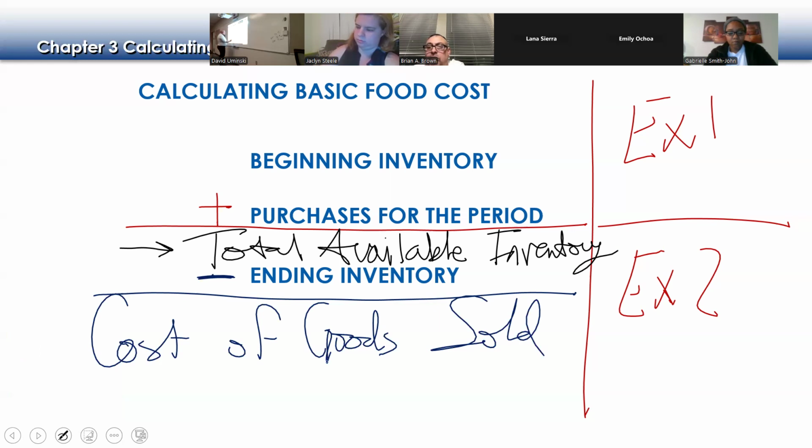Okay? Cost of goods sold, or COGS. So that is our general formula. And now we're going to implement it with 2 examples.